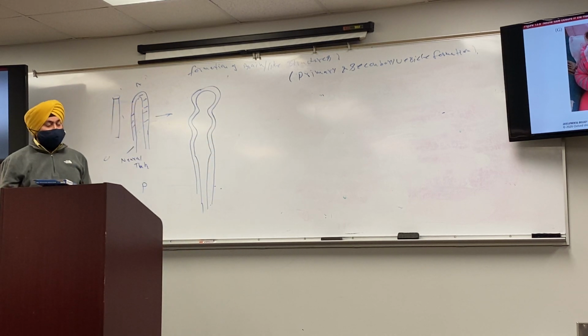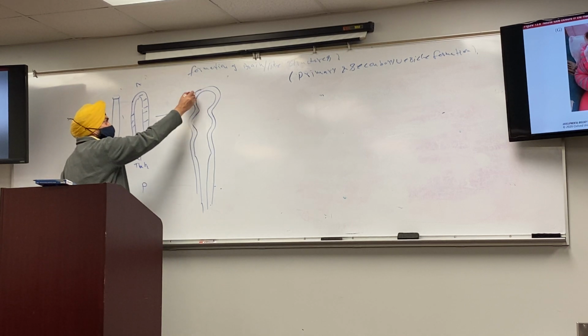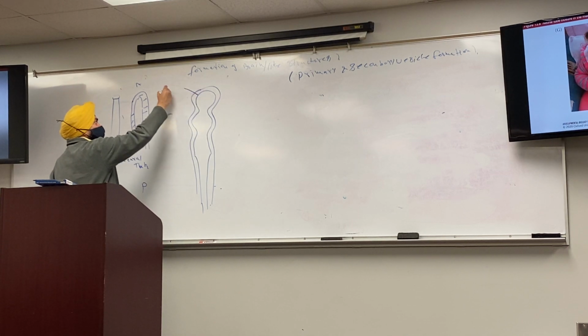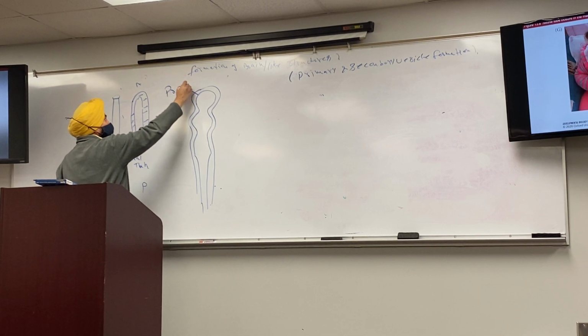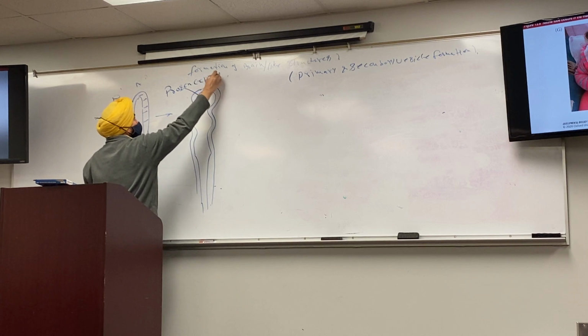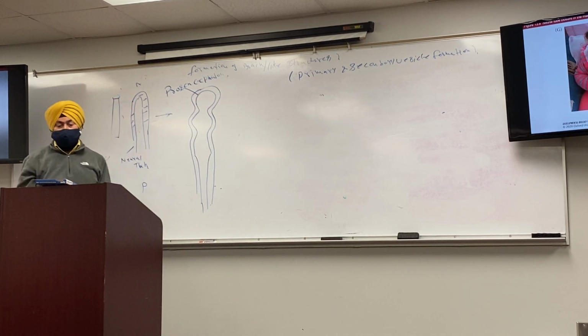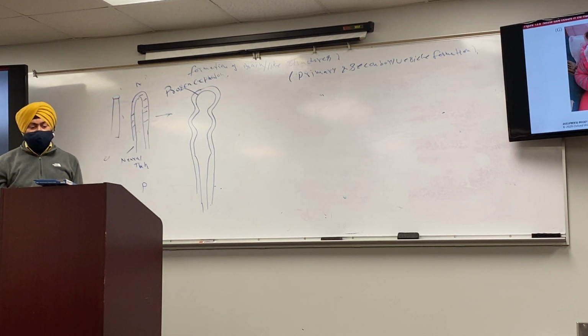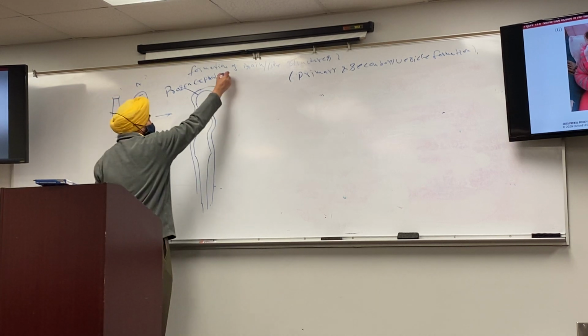Okay. So this first vesicle which is formed here is called prosencephalon. And this cavity is going to give you the forebrain.